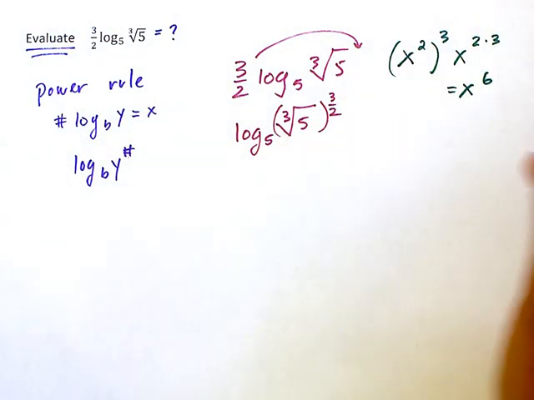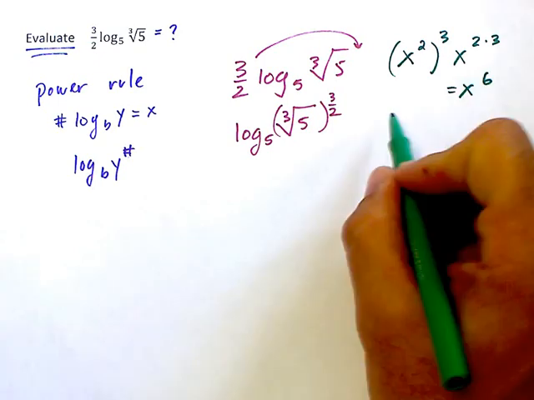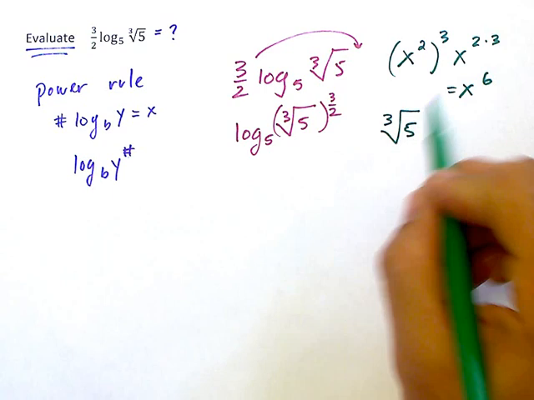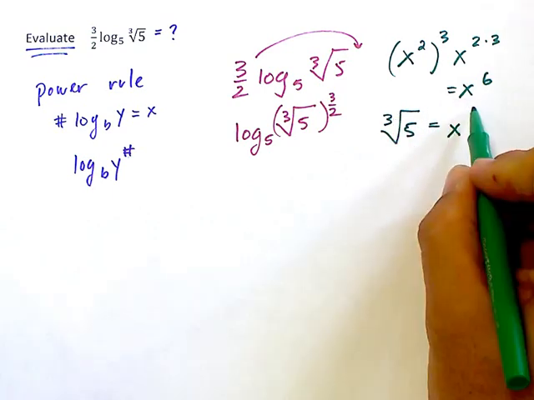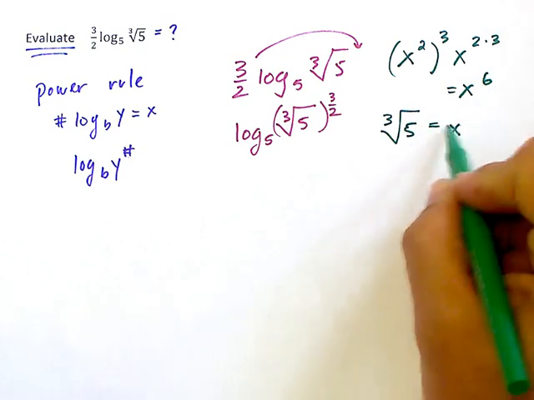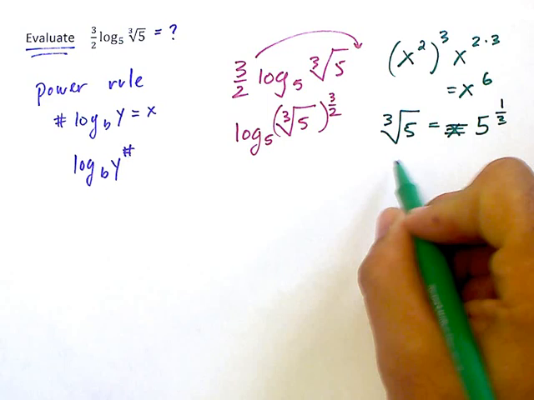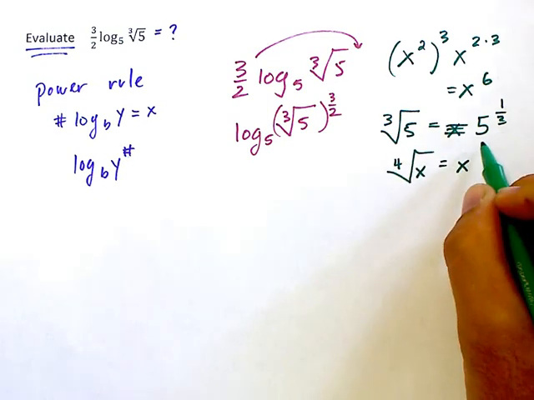Now this is not an exponent, but another way to write a radical in exponential form is to put whatever that root is over 1. So actually we would say this would be 5 to the 1/3. So basically, if you have the fourth root of x, it could be rewritten as x to the 1/4.